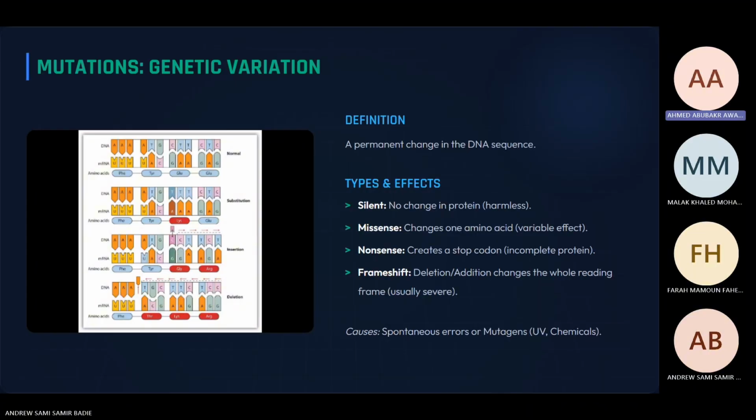This is going to change the whole sequence, which is quite disastrous. And last but not least, mutations may be caused by random errors, or by UV radiation. So these are the raw materials for evolution. So let's move on to the questions.